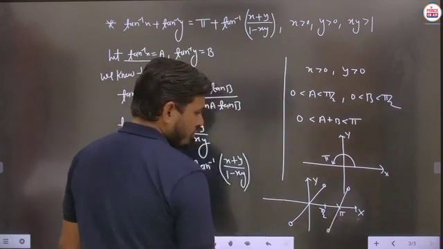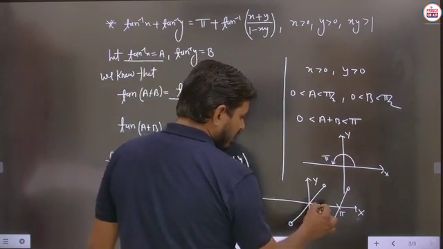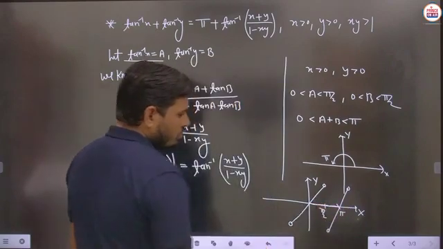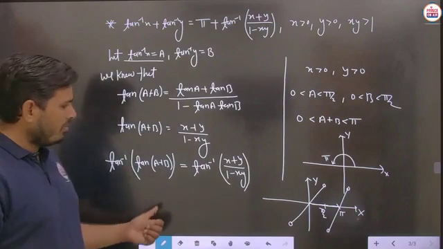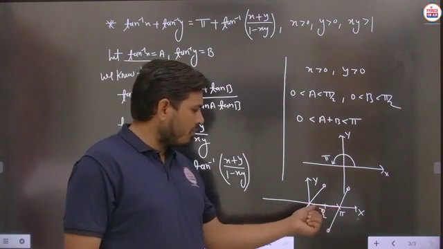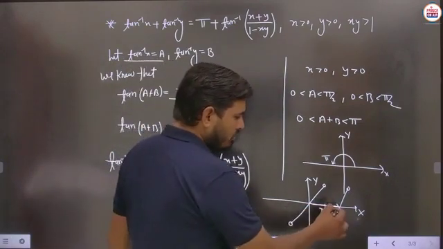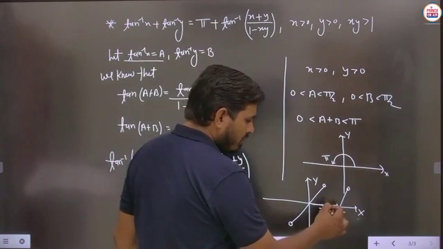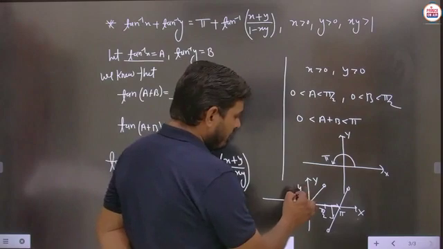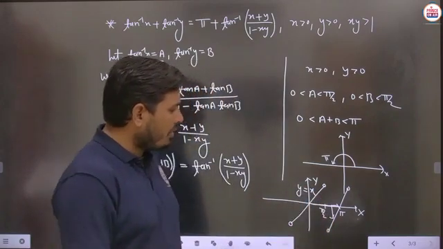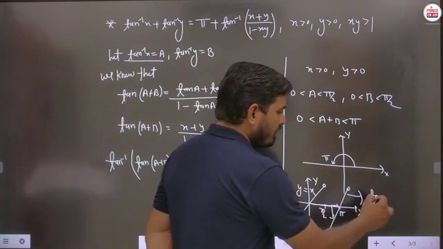So definitely 0 to pi means we have to take this interval as well as this interval. If we take only 0 to pi by 2, then it will become A plus B. But outside of this particular part we will take this part also. So for this part we will obtain this particular graph. Is that to be clear? And here this line will represent y equals x, you know very well. This is the graph of tan inverse of tan x.